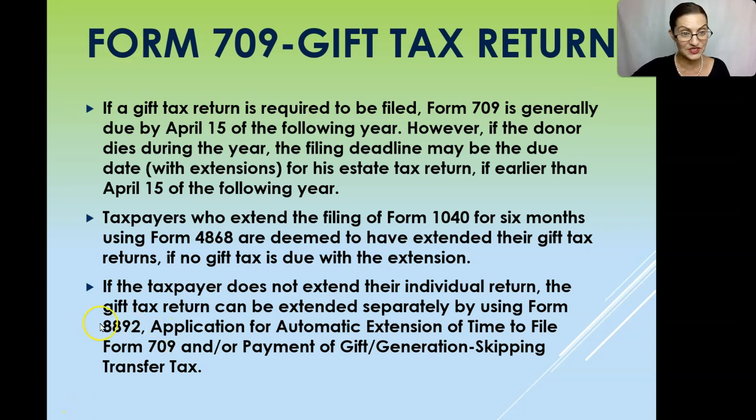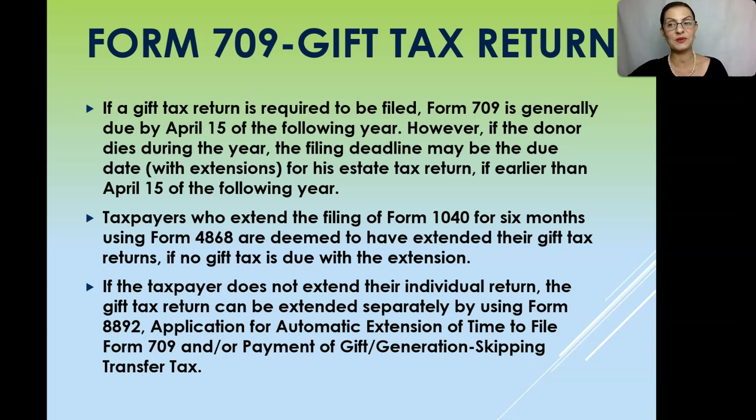I've personally never used this form, the Form 8892, because usually people who are wealthy enough to be giving very expensive gifts, or to be giving out more than $15,000 in cash to family and friends or relatives in a single year, generally have a filing requirement. They generally have to file a Form 1040.